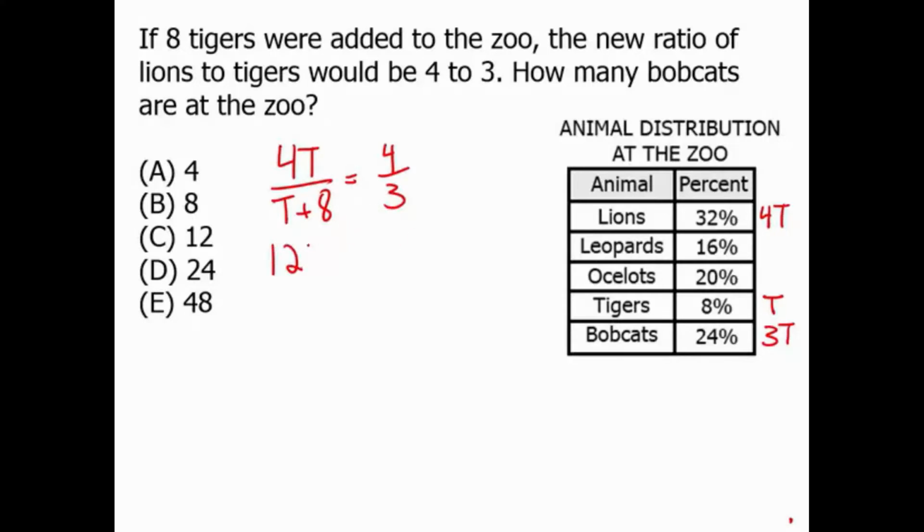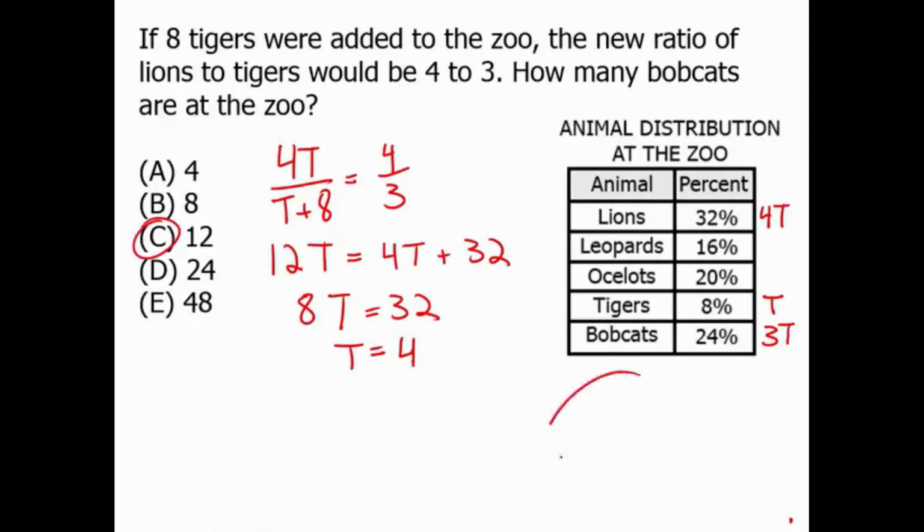We get 12T equals 4T plus 32. Subtract 4T, we get 8T equals 32, or T equals 4. That's important because with T equals 4, we can figure out the number of lions, but what we want is the number of bobcats. So if T equals 4, 3T is 12. Answer choice C.